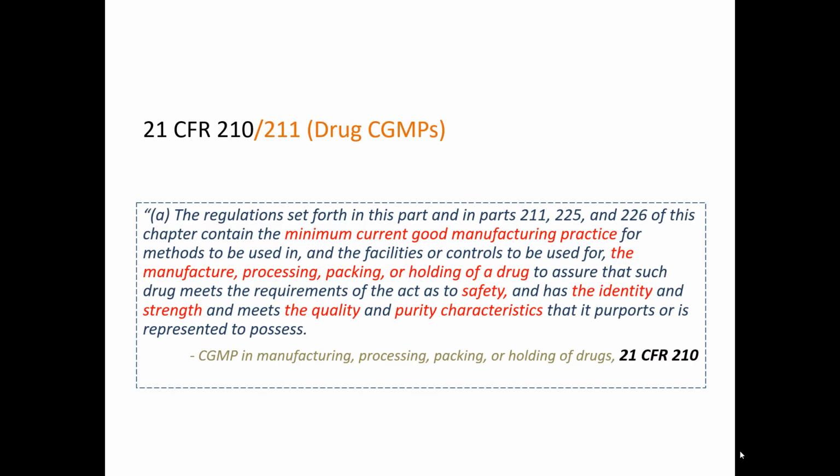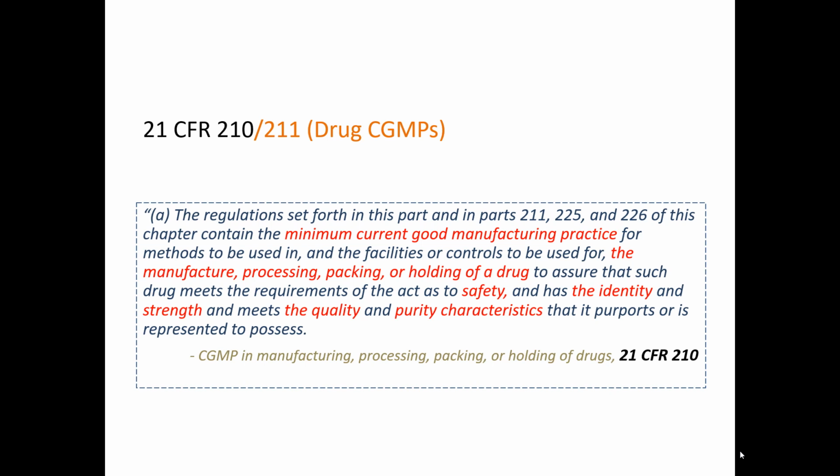And what does it say in those regulations? Well, within those regulations, it describes what you have to have in place. This text comes directly from 21 CFR 210, and it states that the regulations set forth in this part and in these other parts of this chapter contain the minimum current good manufacturing practices for methods to be used and the facilities or controls to be used for the manufacture, processing, packing and so on for a drug.